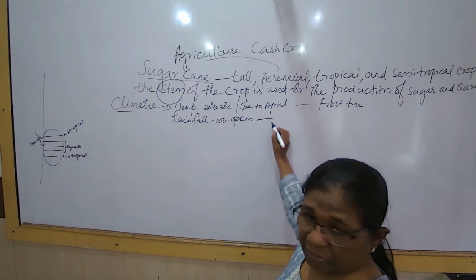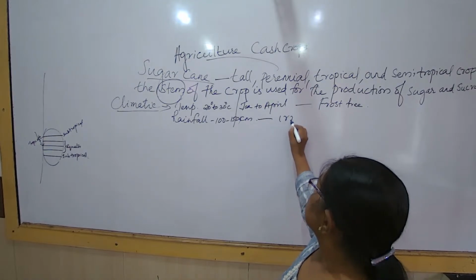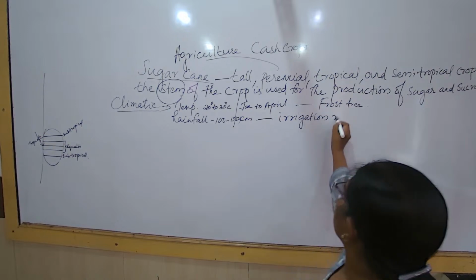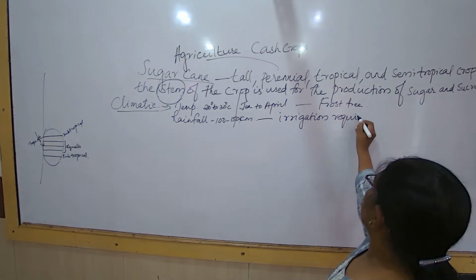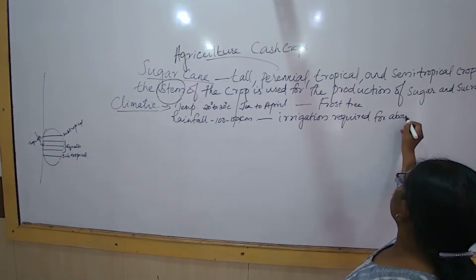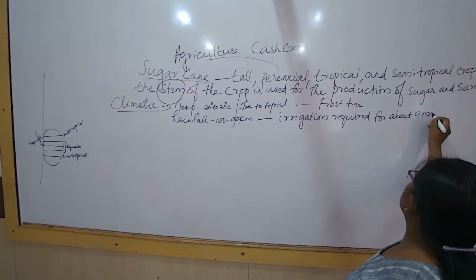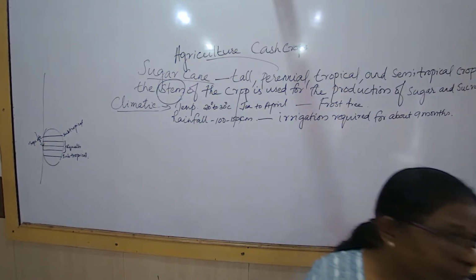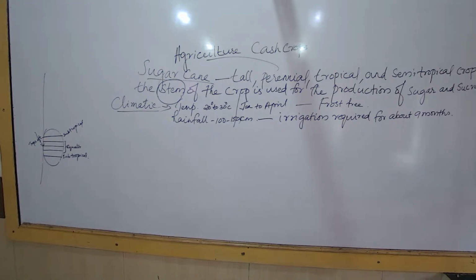If that rainfall is not there, then irrigation is required for about 9 months of its growth. But there's no rain in Maharashtra. Maharashtra, that is why irrigation is required that much.